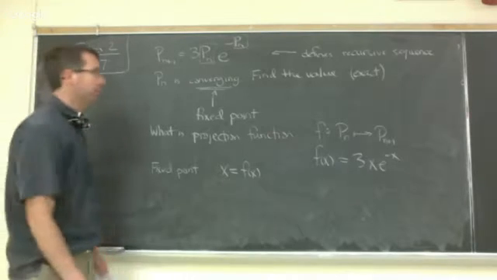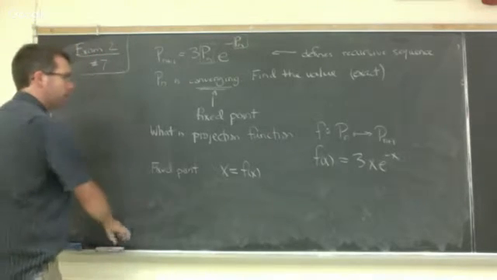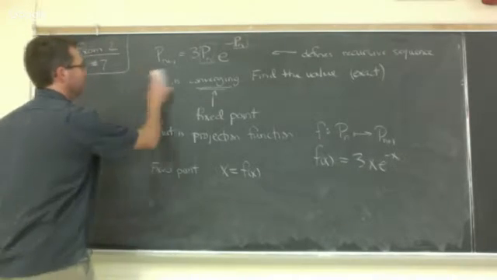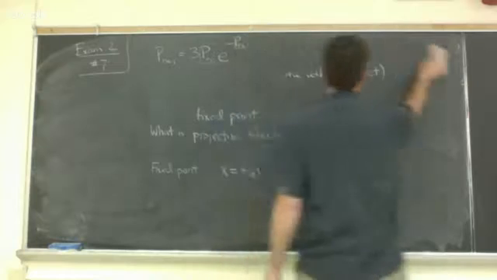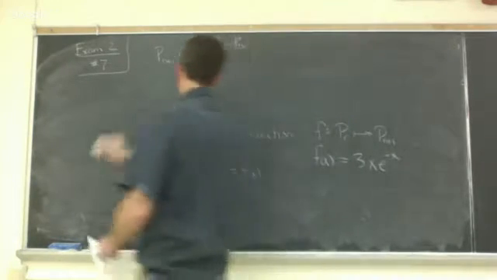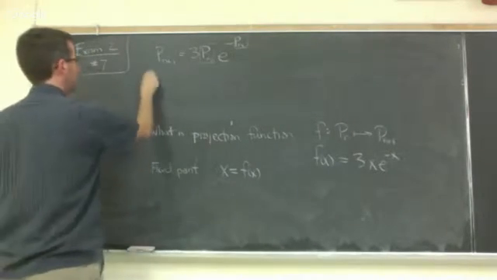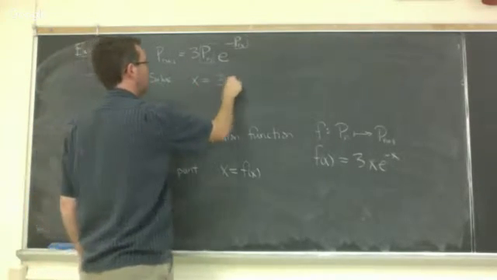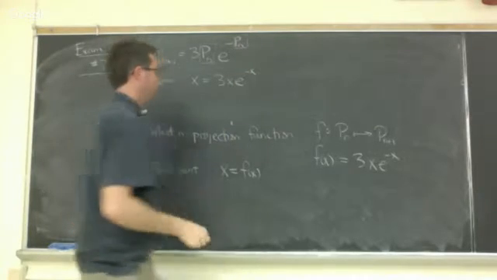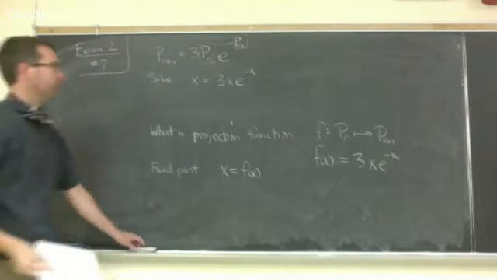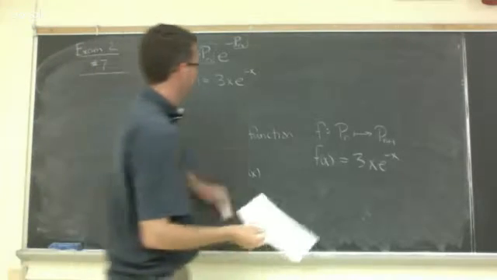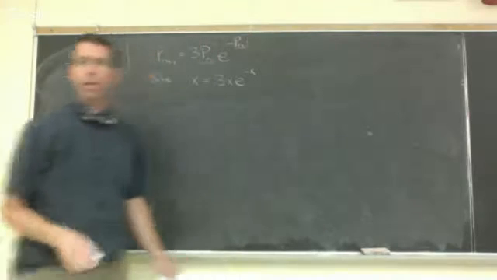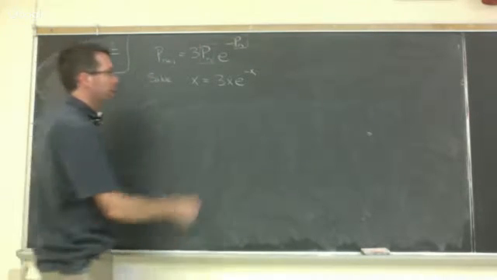So we're solving x equals 3x e to the minus x. So there's a lot of x's in this problem, and I better not cancel.